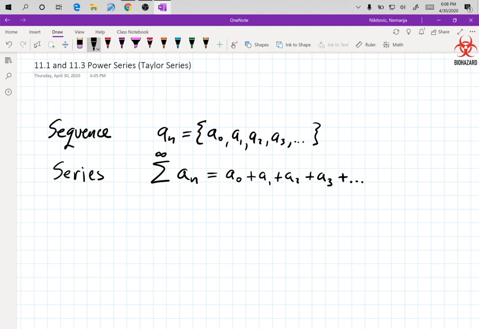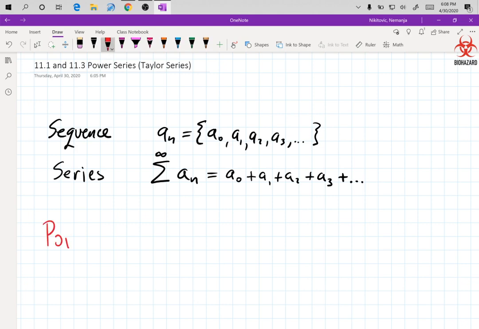The goal for today and for chapter 11 is to learn one of the most powerful creatures in mathematics, called the power series. It will be used in many of your courses later on, especially when you transfer, because many calculations depend on the ability to deal with power series.